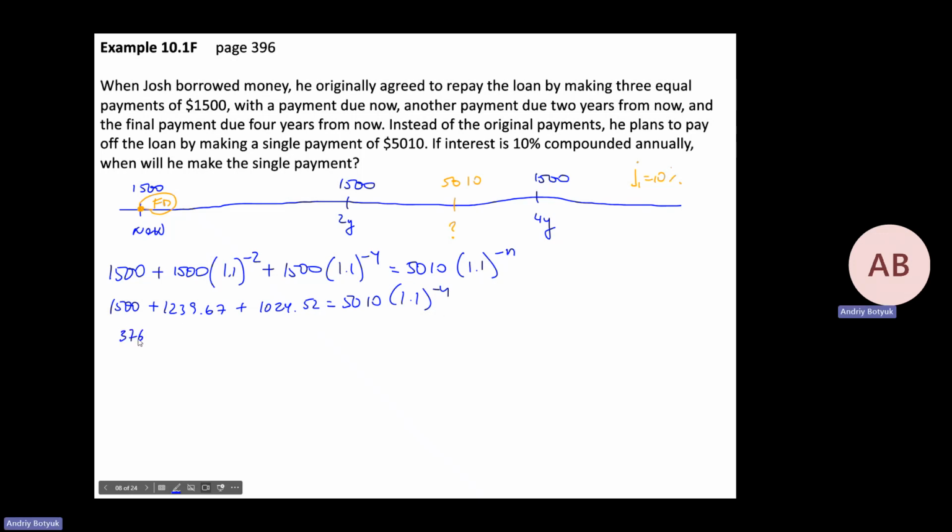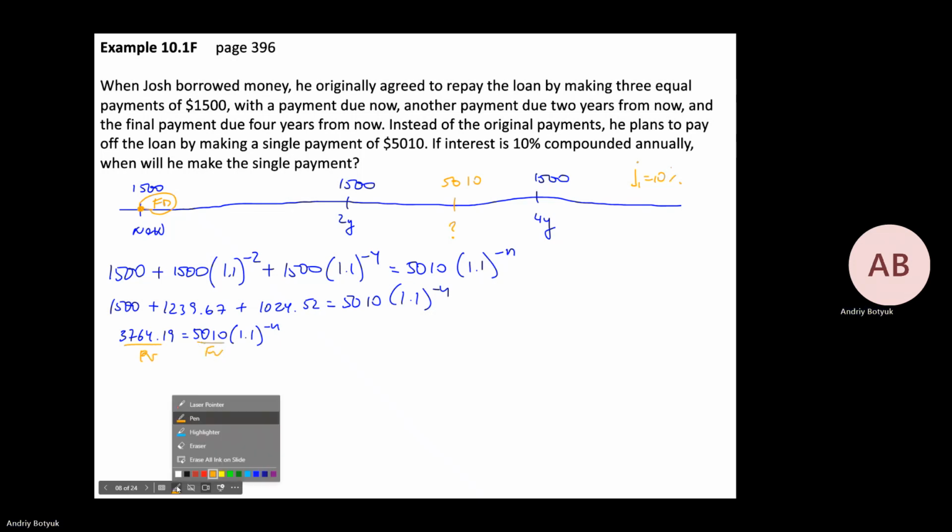So 3,764.19 equals 5,010 times 1.1 to the negative n. Now that's the moment when magic starts, right? And we say that is present value, that is future value. And all I have to do is calculate my formula.